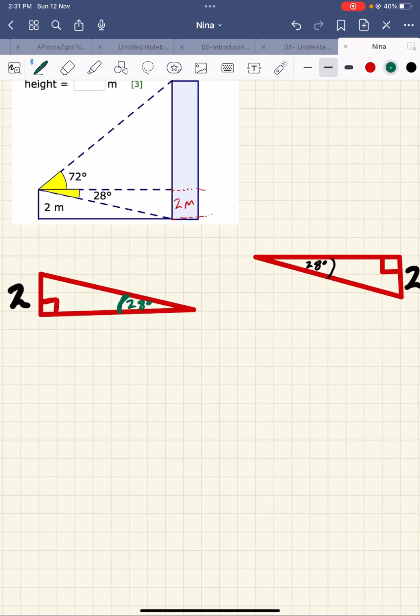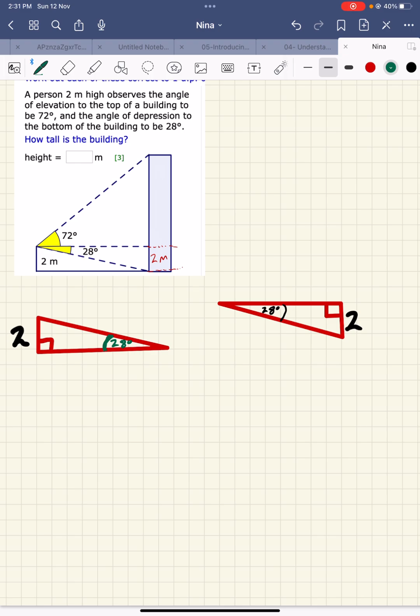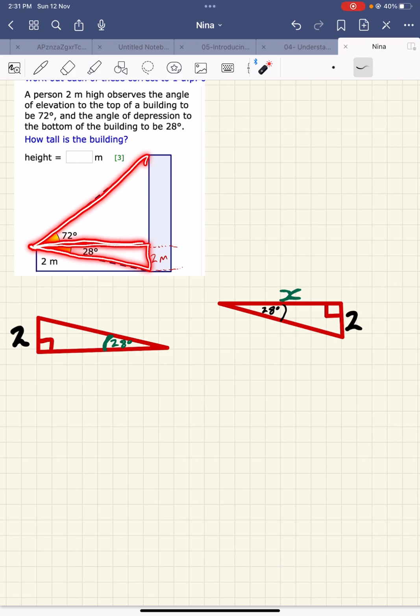Now we're going to go and find a measurement. So I'm going to go and find the x here on this triangle, and the reason is that we actually want to connect this triangle here with this big triangle here. And it makes sense that this is the common line.